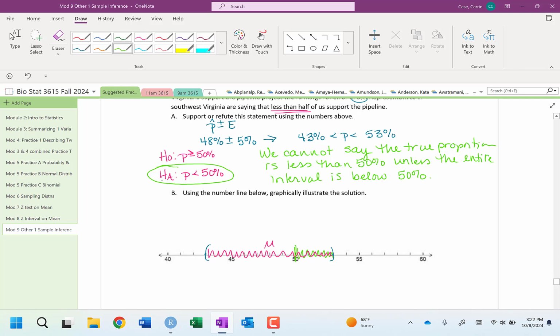So we would reject that it's less than. We would keep Ho, so we would fail to reject Ho, and we would reject the Ha, so we would not say that Ha is true here.